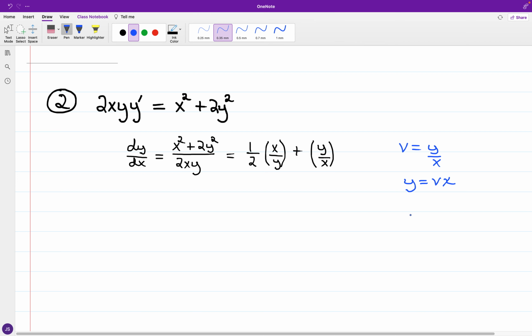If I take the derivative in x of both sides, dy over dx is equal to v times the derivative in x, which is v times 1, so we have v, and I will have x dv over dx.